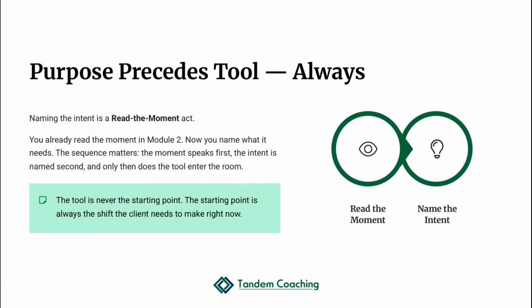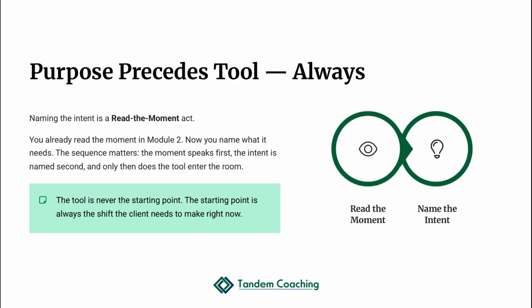Here's why naming the intent matters before anything else. Purpose precedes tool. Always. In Module 2, you learn to read the moment, to pick up signals about where the client actually is, what's alive for them, what the arc is asking for. This is the next move. You read the moment, now you name what it needs.